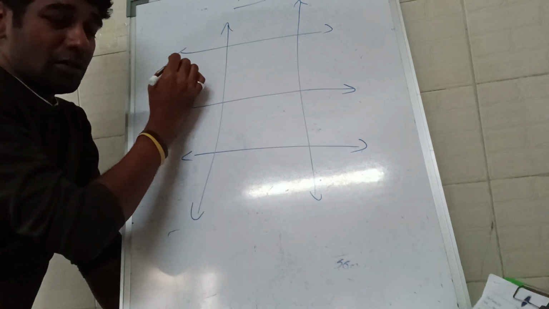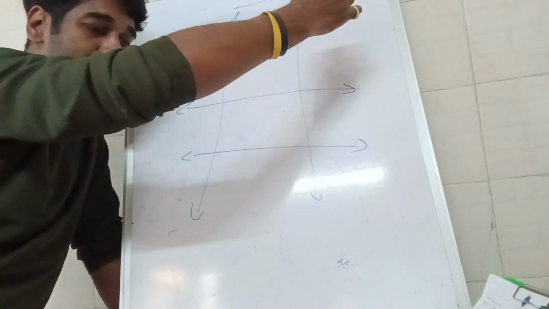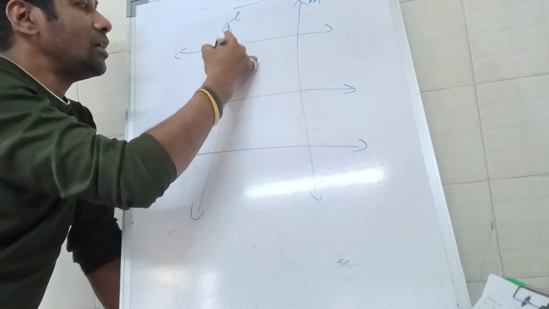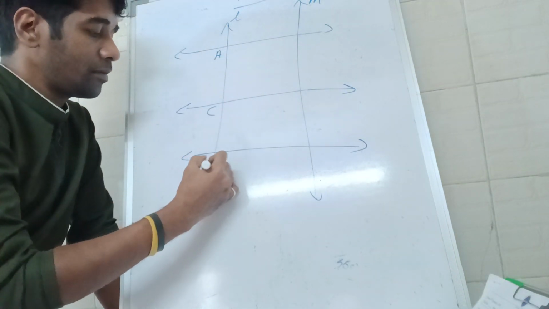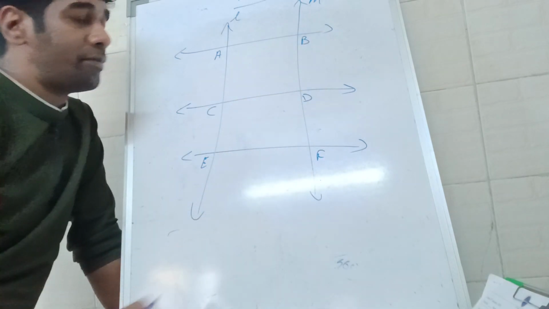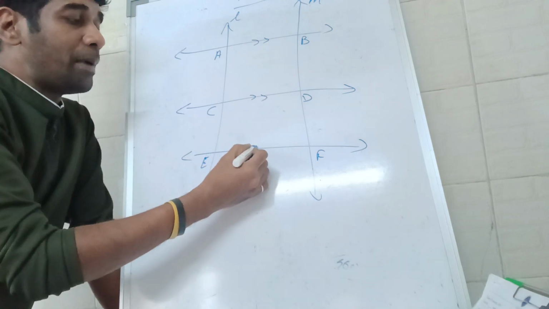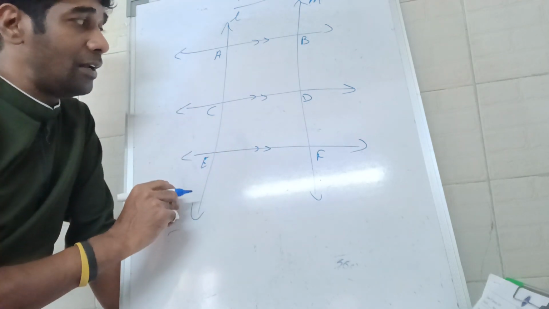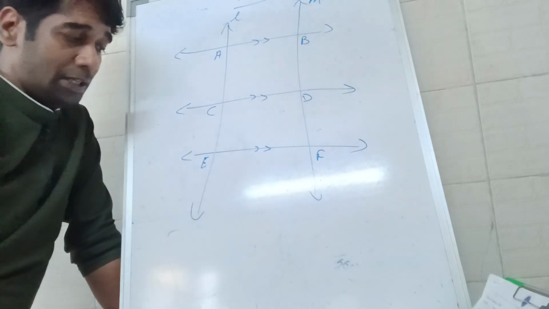This is line L, line M, with points A, C, E, and B, D, F. These lines are parallel. If lines are parallel, then I get AC upon CE is equal to BD upon DF.